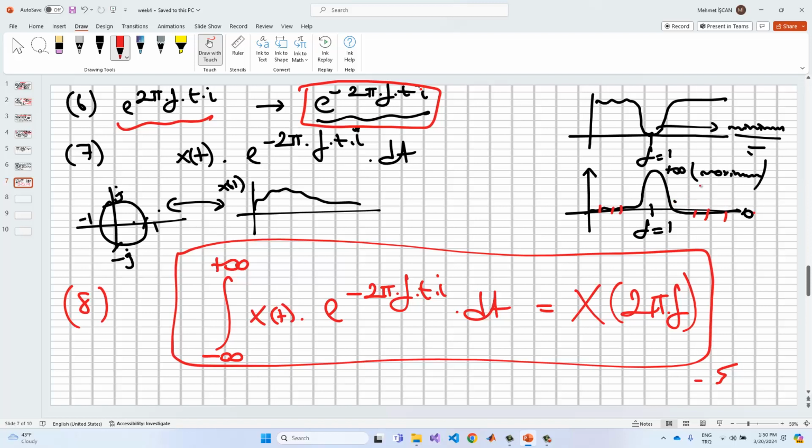And so if we apply this integral with these coefficients, we can obtain our frequency pattern based on this information.